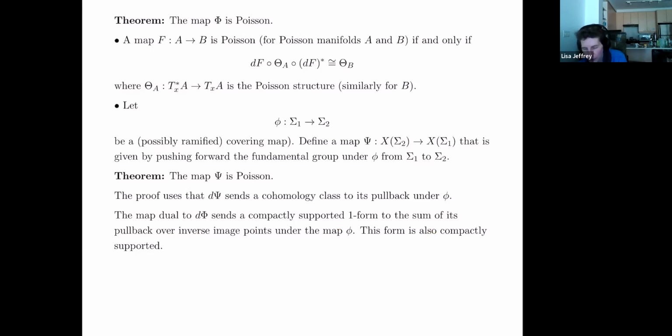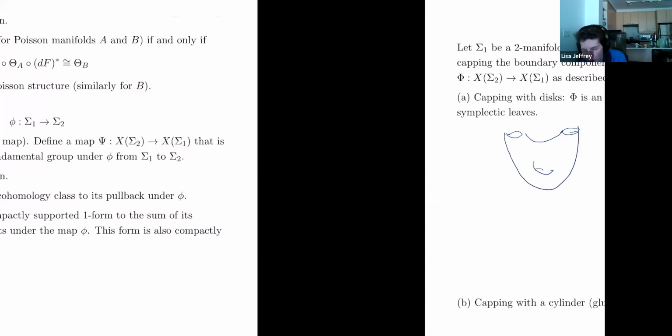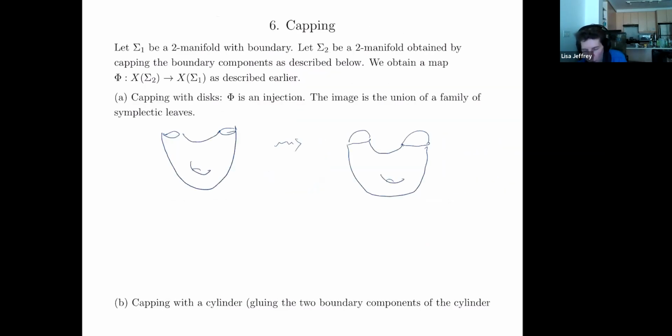So I'll describe what I mean by capping surfaces. If sigma 1 is a two-manifold with boundary, let's suppose that sigma 2 is a two-manifold obtained by capping the boundary components as described below.